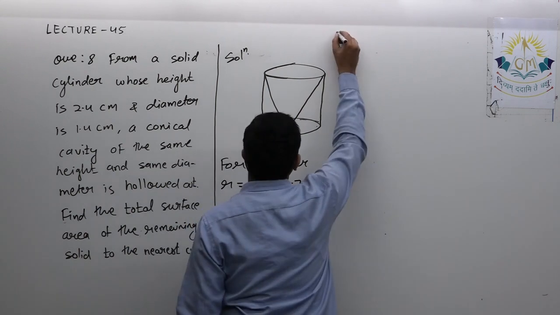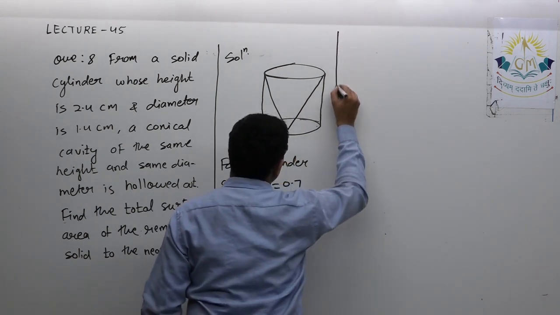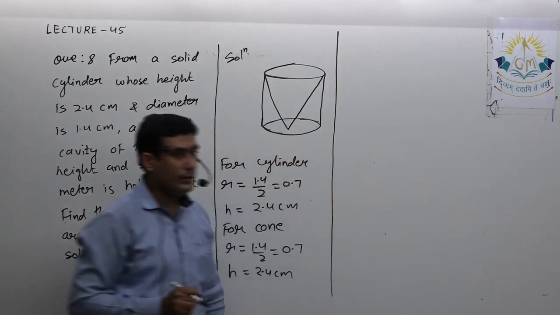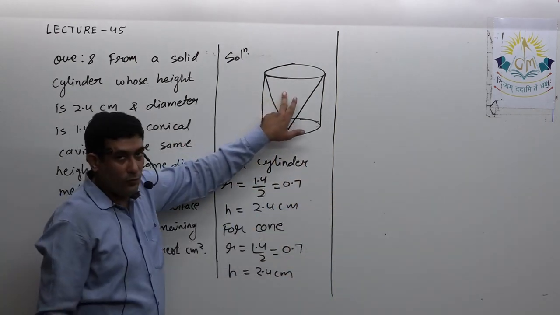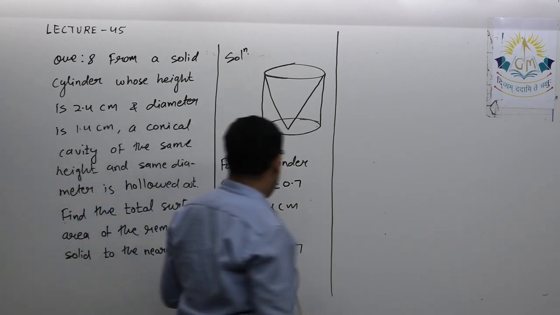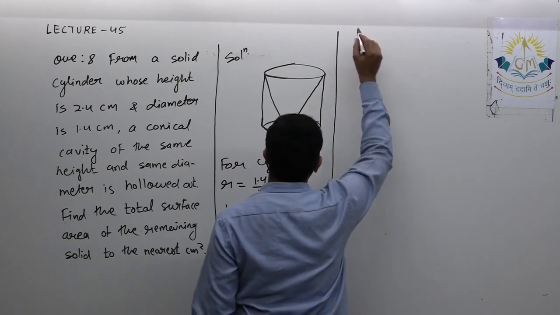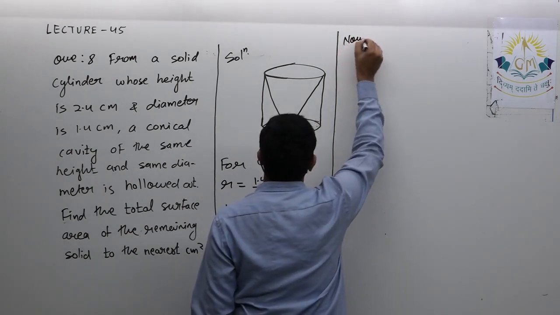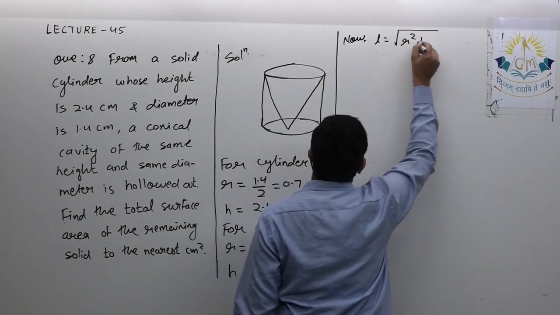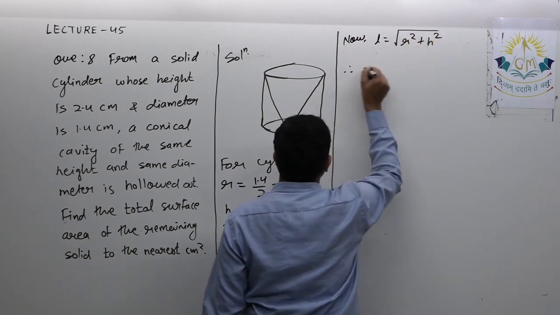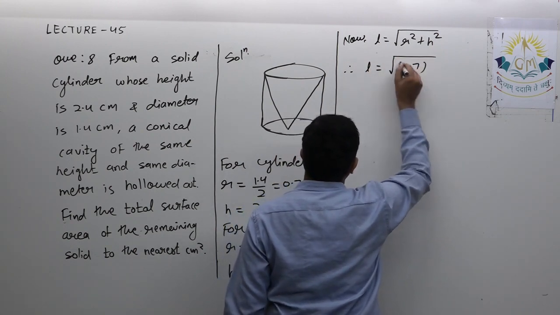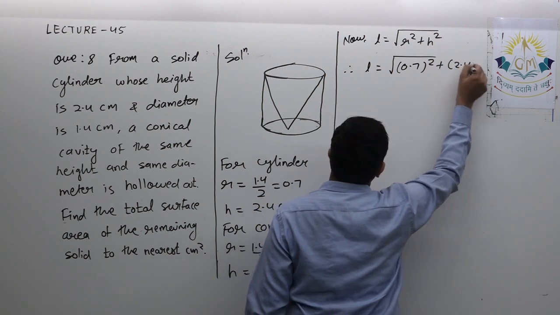Now here we need the slant height of the cone, because we have to find the total surface area of the remaining solid. CSA of cone is pi R L, so we need L. L is equal to root of R square plus H square. Therefore, L is equal to root of 0.7 square plus 2.4 square.